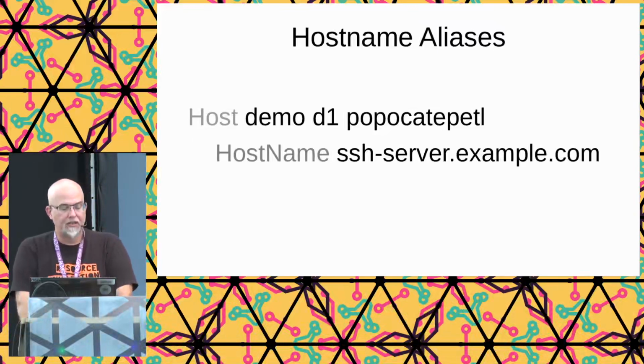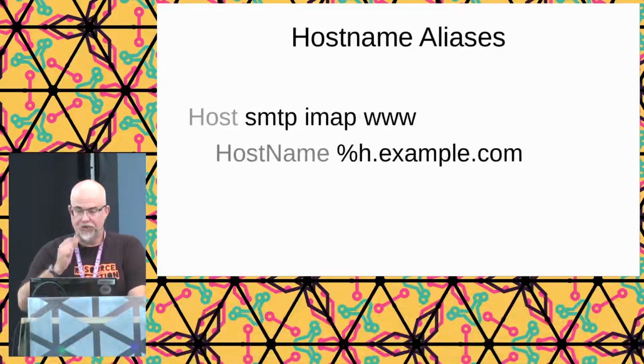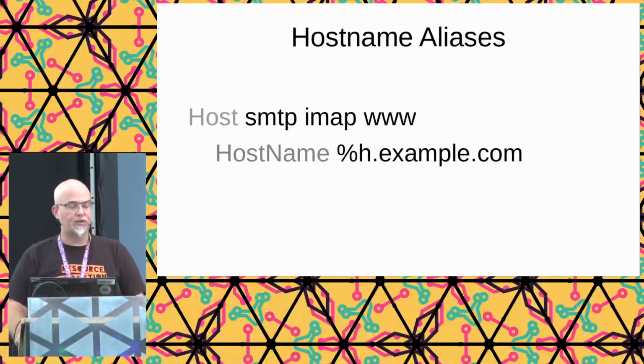reach that server. Furthermore, the host name also has a nice feature to use a wildcard to support grouping similar host names. So if I have SMTP, IMAP, and www host names that all resolve to the same machine, I could use the %h feature to use the alias as the host name in the fully qualified domain name of the host name parameter.